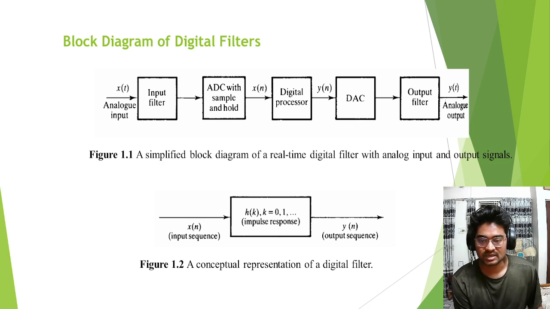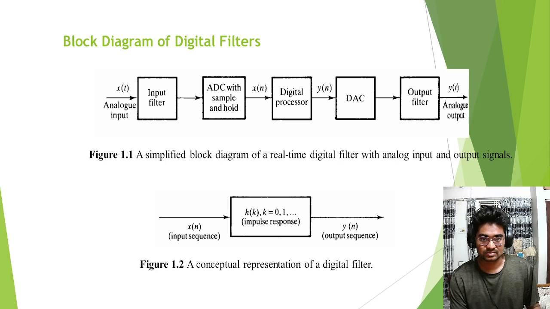The main input here is the analog input. We have to convert this analog input with the analog to digital converter with a sampling system, and then we get a digital signal. This digital signal has to be processed in the digital processor. Here basically the filter system has been formed.